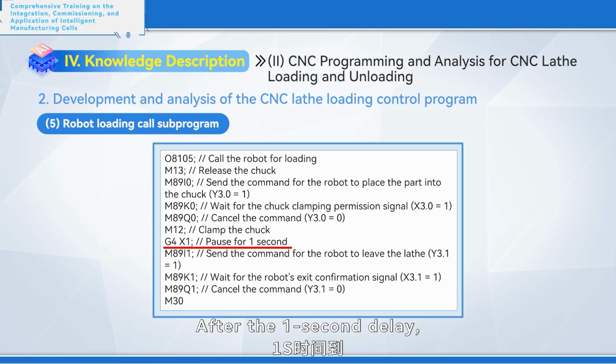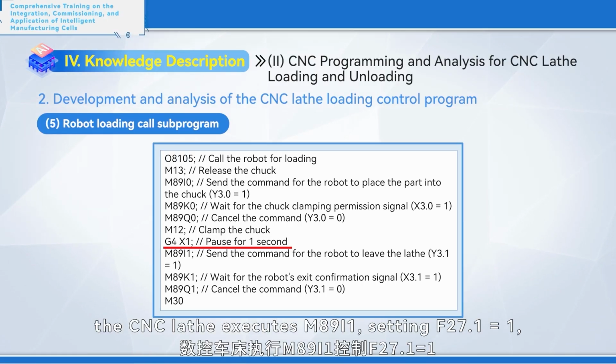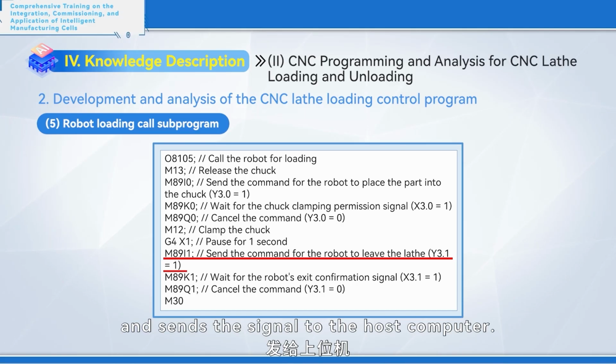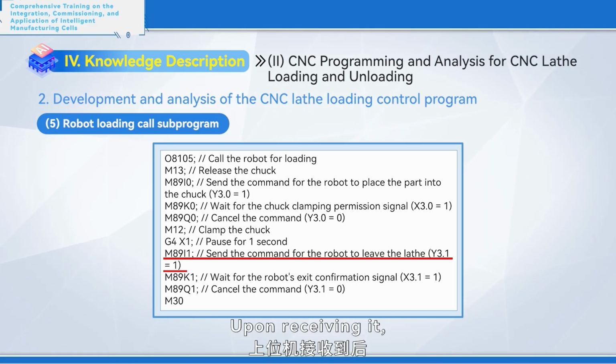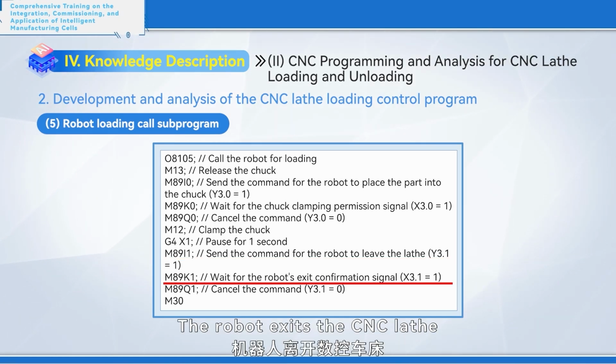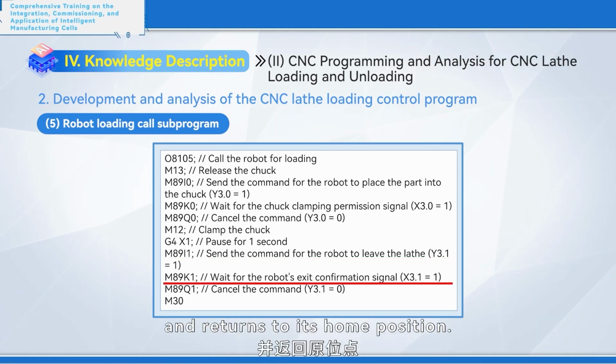After the 1-second delay, the CNC lathe executes M89I1, setting F27.1 equals 1, which in turn sets Y3.1 equals 1 and sends the signal to the host computer. Upon receiving it, the host computer sends a command to the robot. The robot exits the CNC lathe and returns to its home position.